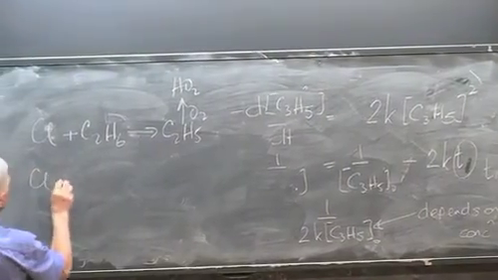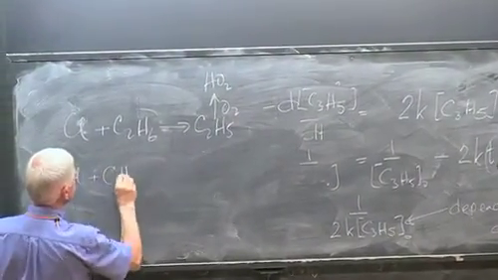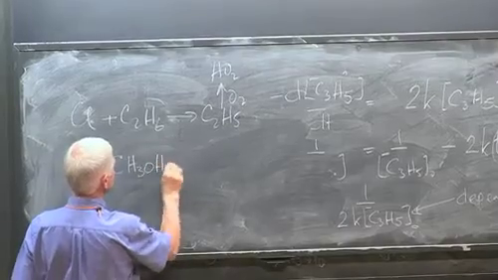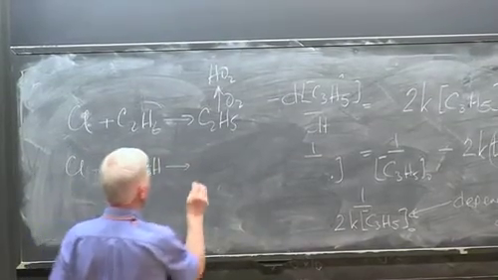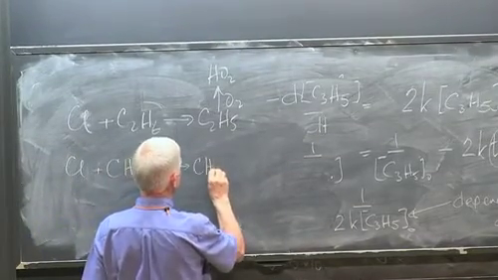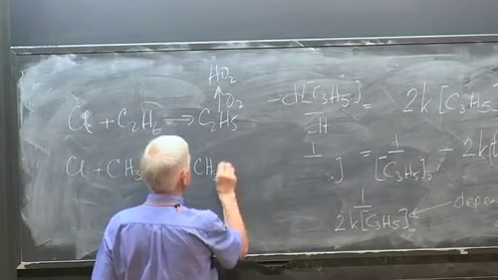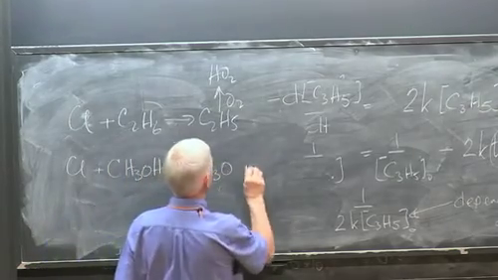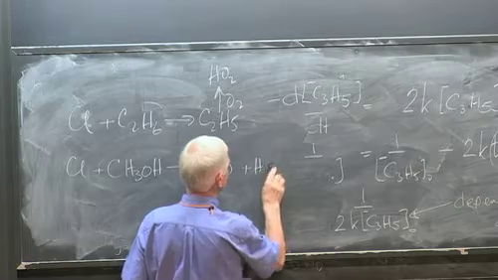In addition, what we can do is we can take Cl plus CH3OH, that forms CH3O plus HCl.